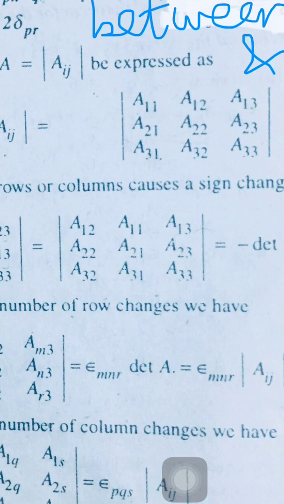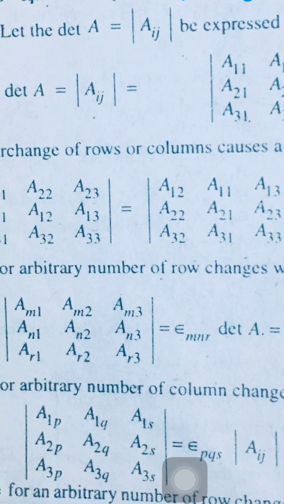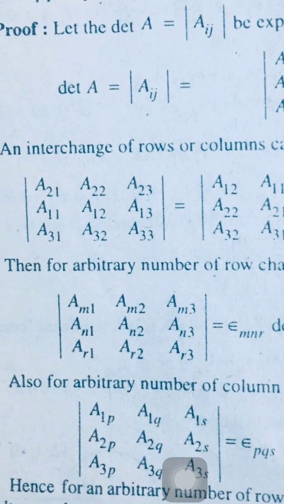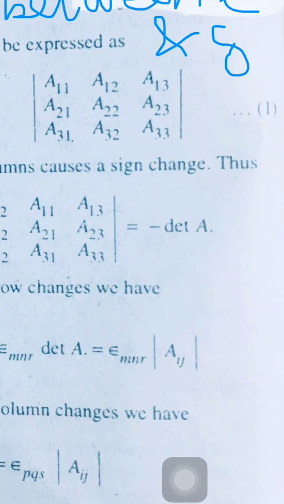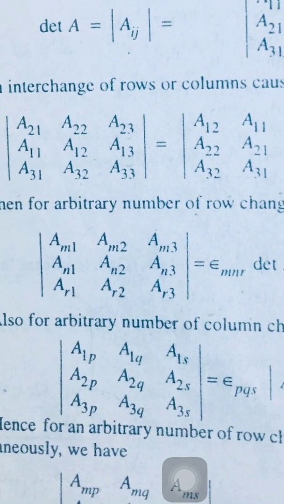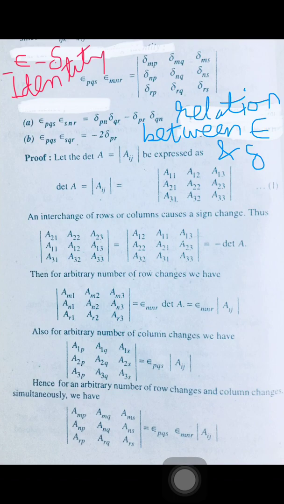So two columns are changed or two rows are changed. First and second rows are interchanged, first and second columns are interchanged. Then we have one negative sign due to one change of rows or column, we get minus determinant A. Okay, this is the simplest way and we know that rule.